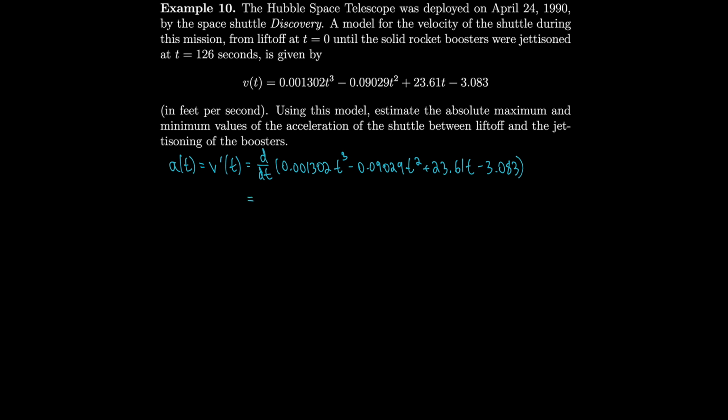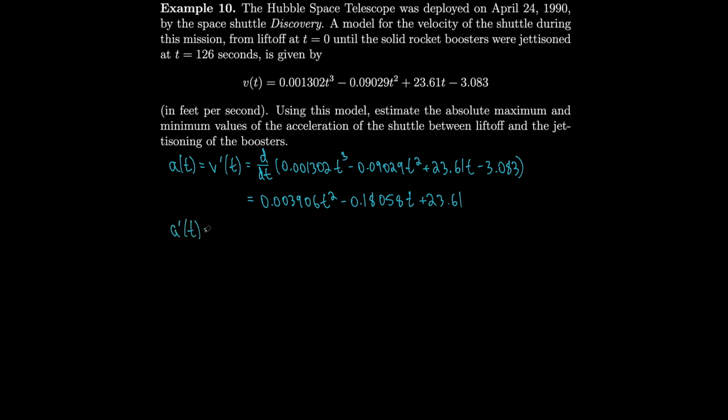Okay, so then use the power rule. We get 0.003906 times t squared minus 0.18058t plus 23.61. So it looks like if you don't like decimals, you definitely should not go work for NASA.